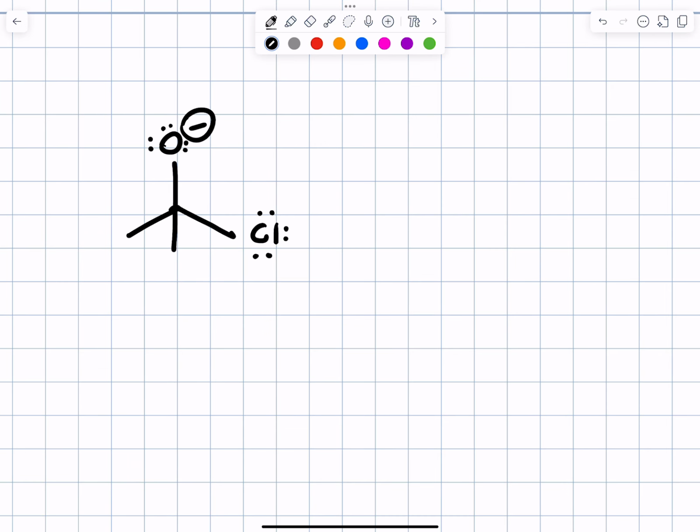Now we're going to deal very soon in chapter 2 with how to determine which lone pairs are higher in energy than others. That's the same thing as asking which is the strongest base. But for now, just know that having the negative charge on the oxygen is a pretty good bet that the lone pairs on the oxygen are the HOMO.